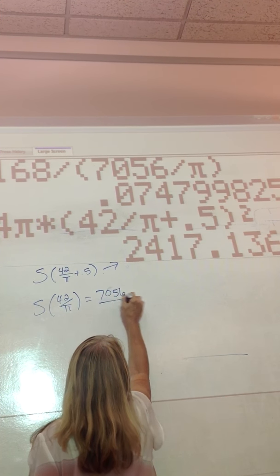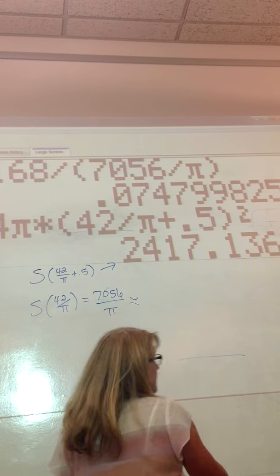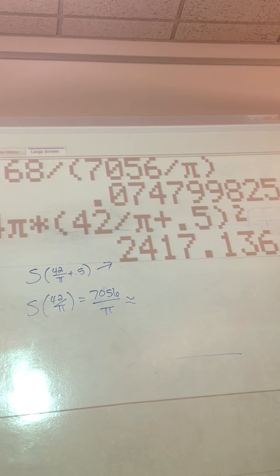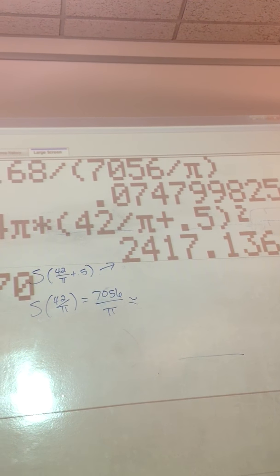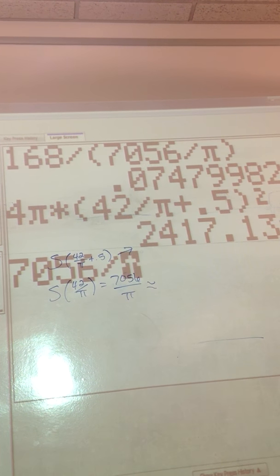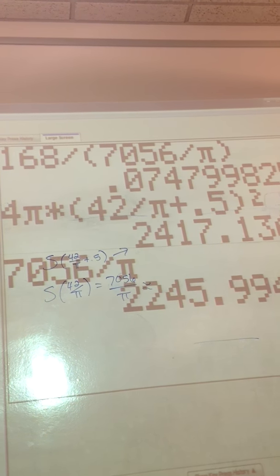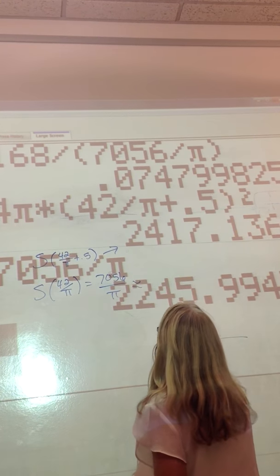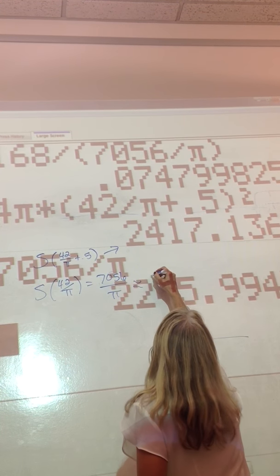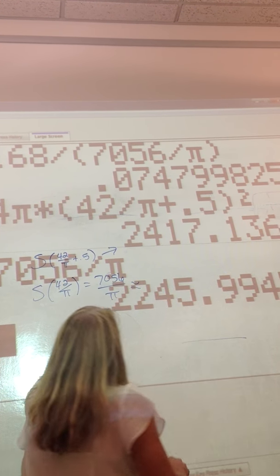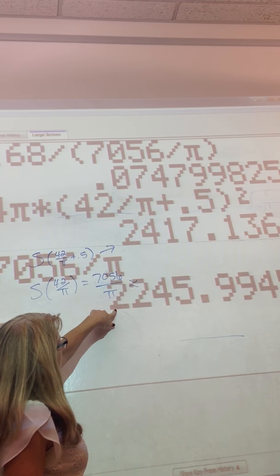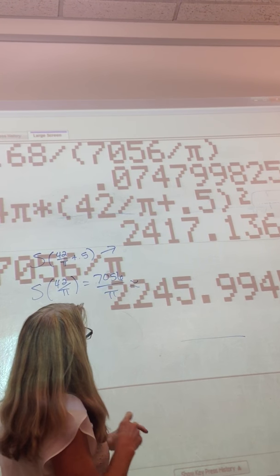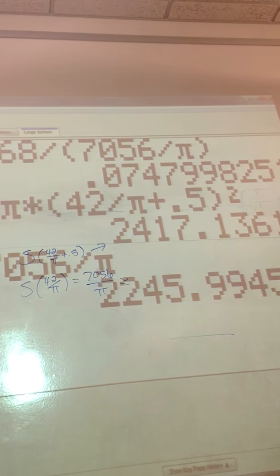And then the surface area at 42 over pi was our 7,056 over pi, which is approximately 2245.99, and so the new one is 2417.136.